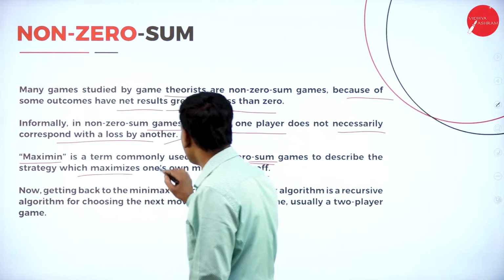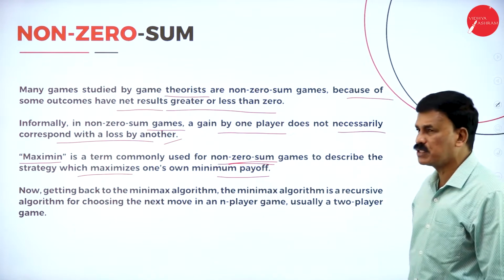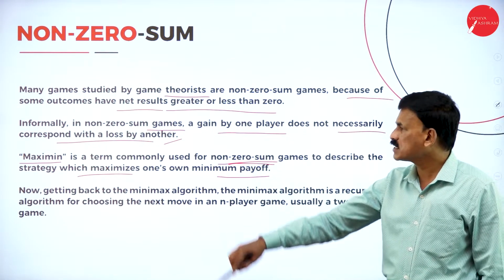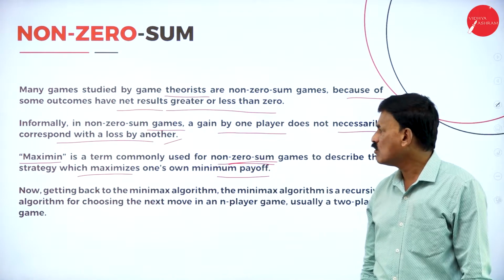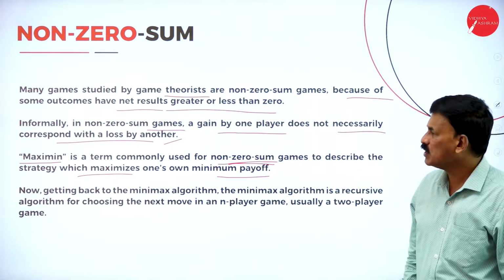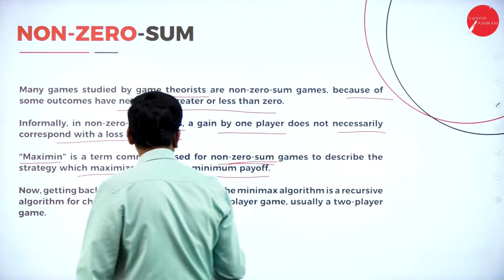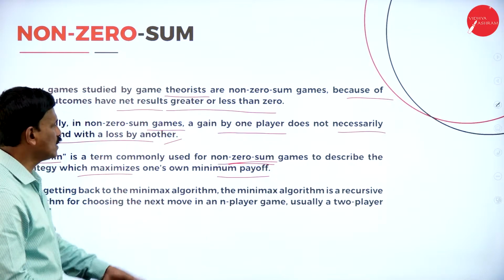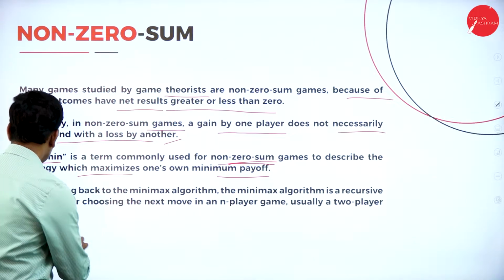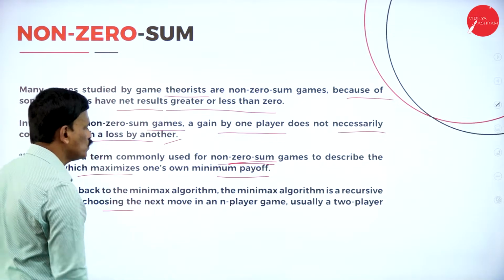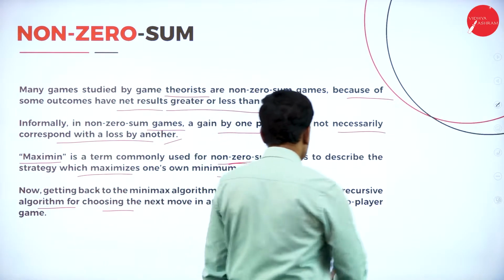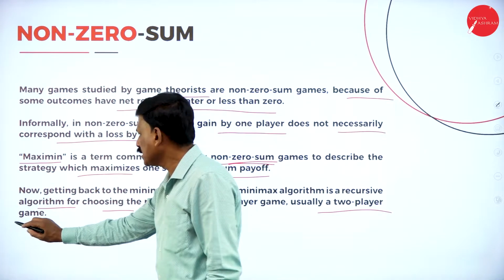This is a term commonly used for non-zero sum games to describe the strategies which maximize one's own minimum payoff. Now getting back to the minimax algorithm, it is an algorithm for choosing the next move in an n-player game, usually a 2-player game.